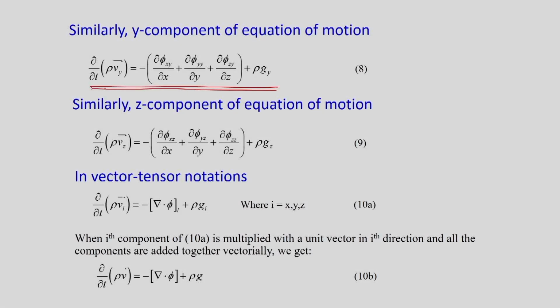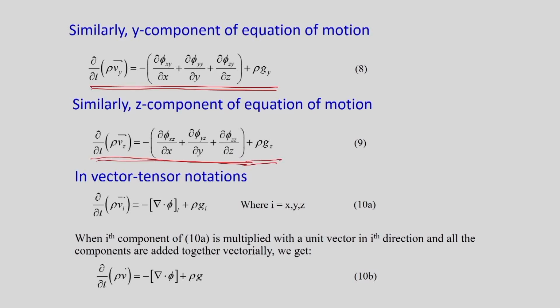That would be dou by dou t of rho V y equals minus dou by dou x of pi x y, minus dou by dou y of pi y y, minus dou by dou z of pi z y, plus rho g y. Similarly, the z component of the equation of motion is dou by dou t of rho V z equals minus dou by dou x of pi x z, minus dou by dou y of pi y z, minus dou by dou z of pi z z, plus rho g z.